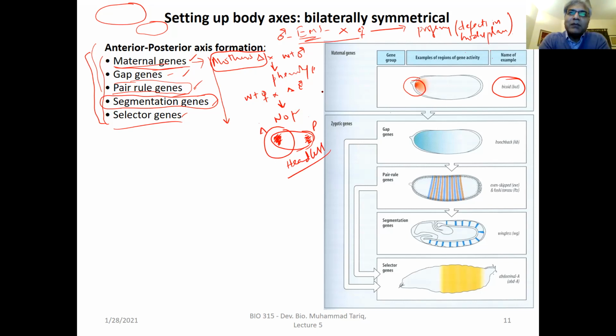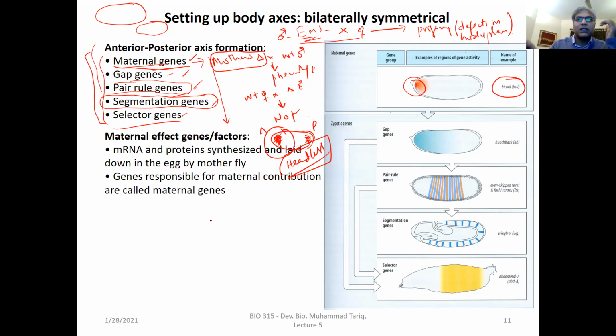So, as I said, the anterior-posterior body axis is already defined in the oocyte, which later undergoes changes and establishment of a clearly defined anterior-posterior axis of the embryo. Here you saw the consequence: if you don't have messenger RNA deposited by the mother, your head is not developed, you're dead, okay? So we'll see how these changes occur.